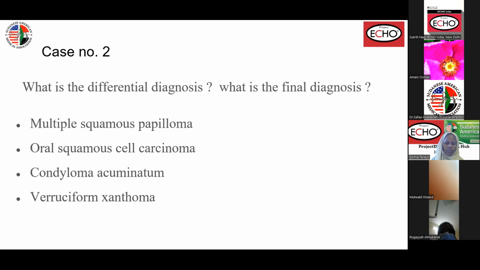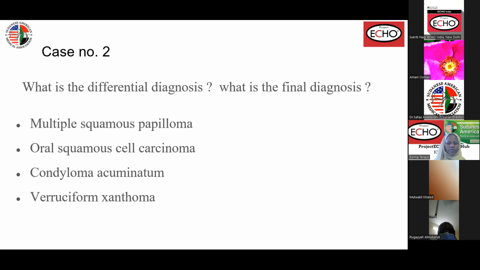Also, squamous papilloma is usually a solitary lesion, so it's not seen as multiple lesions, except in very rare cases. Among these cases is HIV infection. From the description of the case, this patient is HIV positive, and actually has resistance to HIV antiviral treatment.